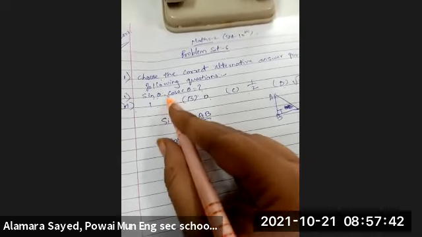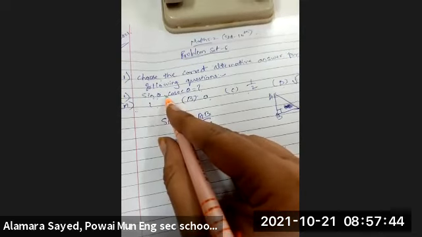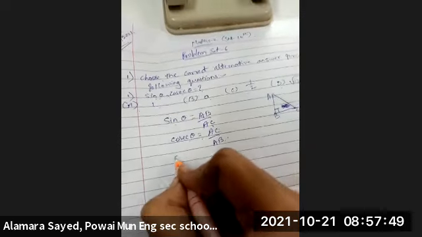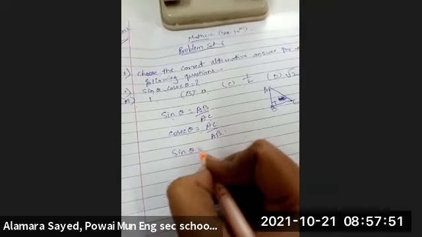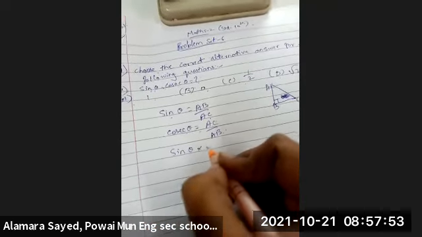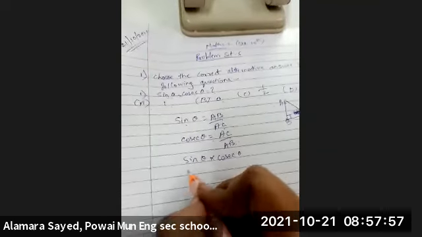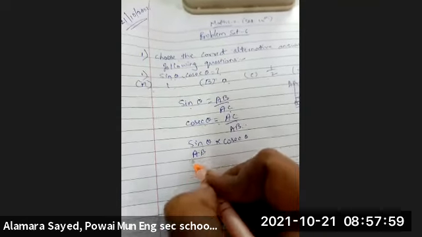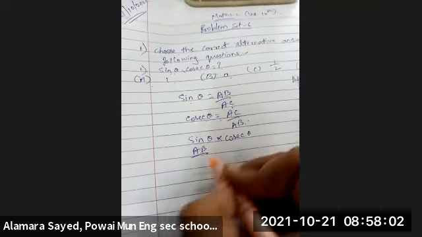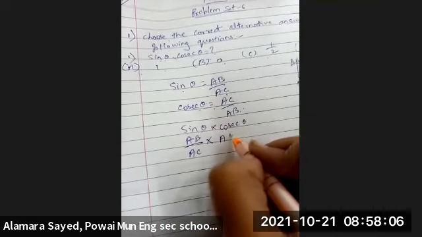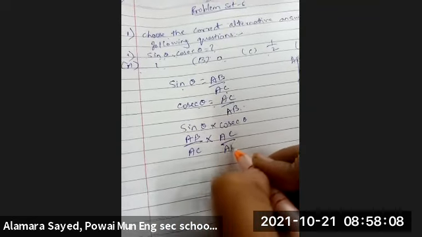But here the multiplication is given. What is the answer for the multiplication of sin theta into cosec theta? If we multiply, we get AB upon AC into AC upon AB.